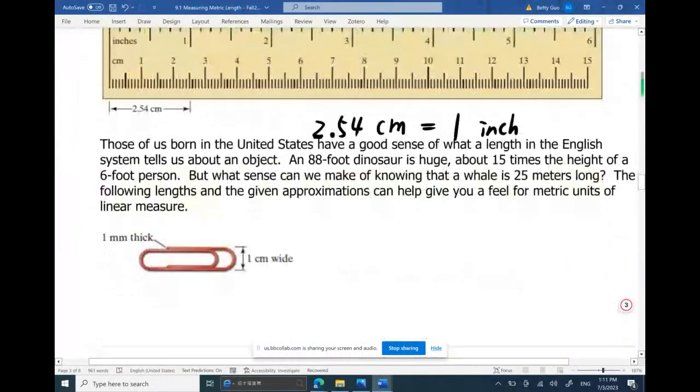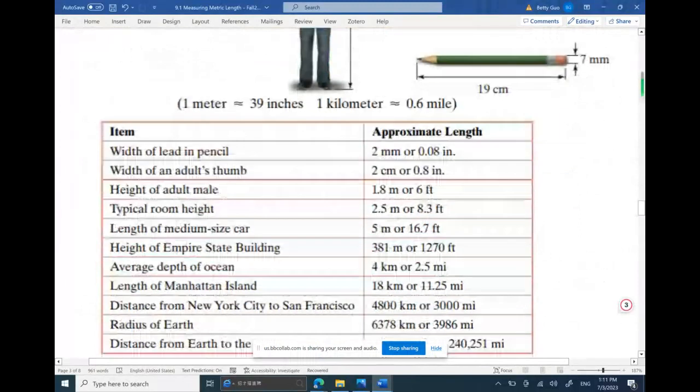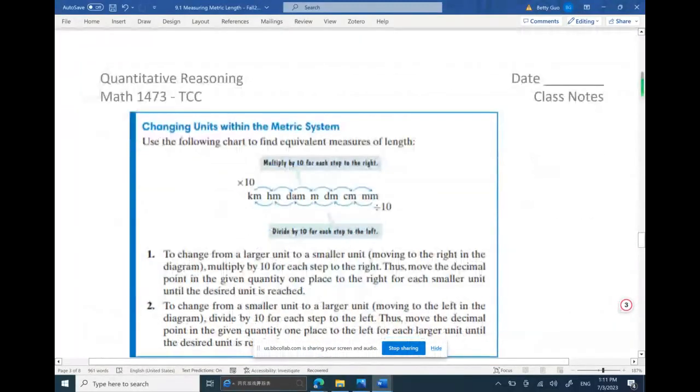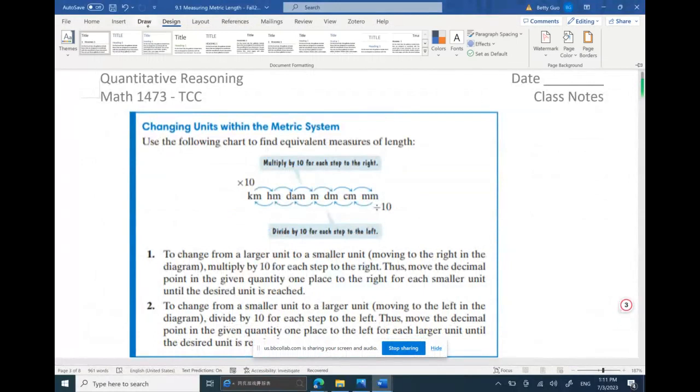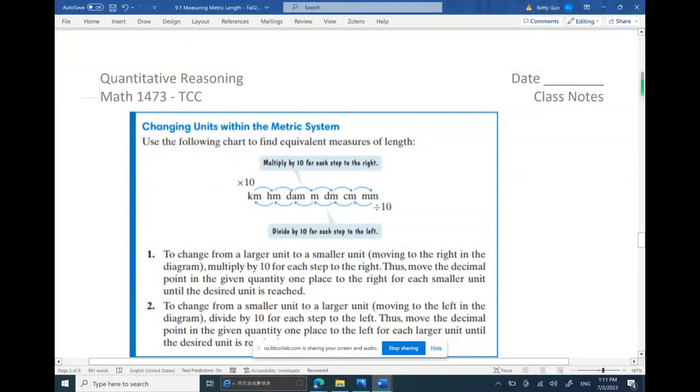Okay, and within the metric system, converting between those units, we have a trick. If there's one thing you need to remember about chapter 9 before you take test 2, I want you to remember this graph within the metric system. You see that? I think there's a trick to remember that.